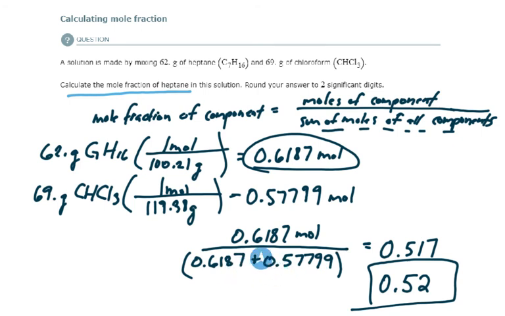And so the mole fraction of this component should always be less than 1. It could be very close, but if there are two components, it should always be less than 1. And that's what we see here. It's actually much less than 1. So out of all of the moles in this solution, a little more than half of the total number of moles is attributed to the moles of heptane. All right?